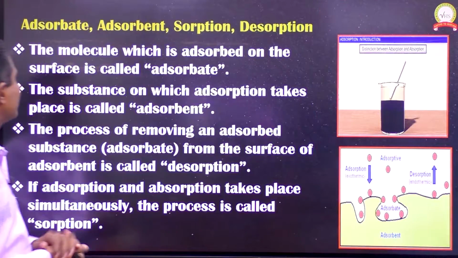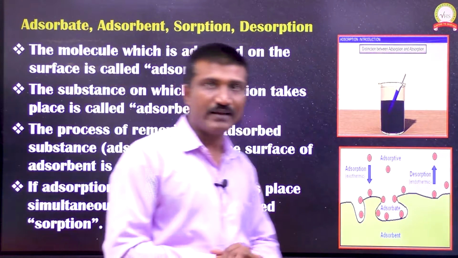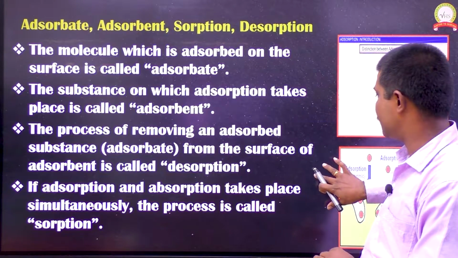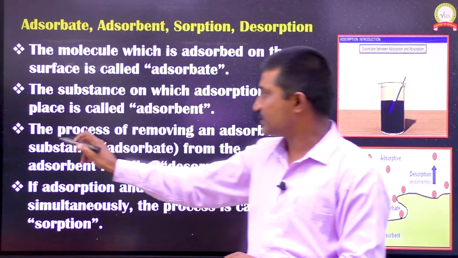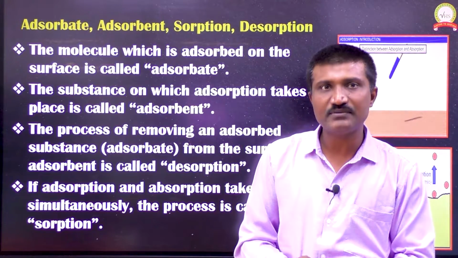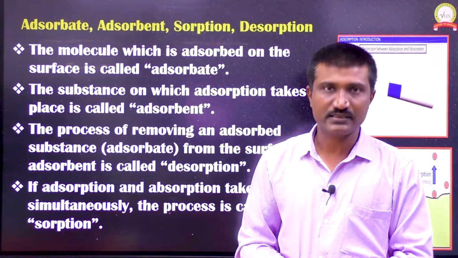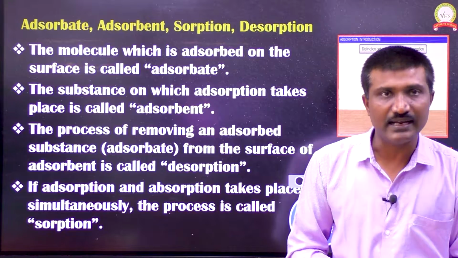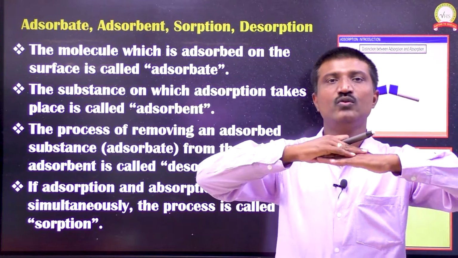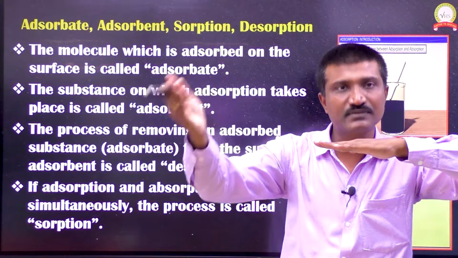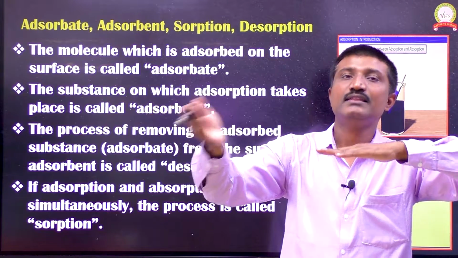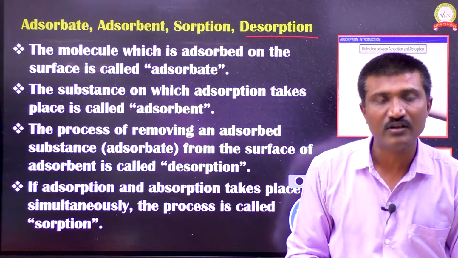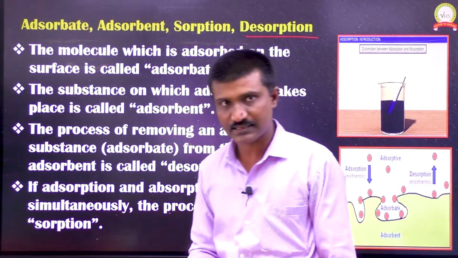Now, let us see what is adsorbate, adsorbent, sorption and desorption. Just now we discussed the meaning of sorption. Sorption is the process where adsorption and absorption both take place simultaneously. After formation of the products in a chemical reaction, if we want to remove the formed products from the surface, then that process we call desorption.